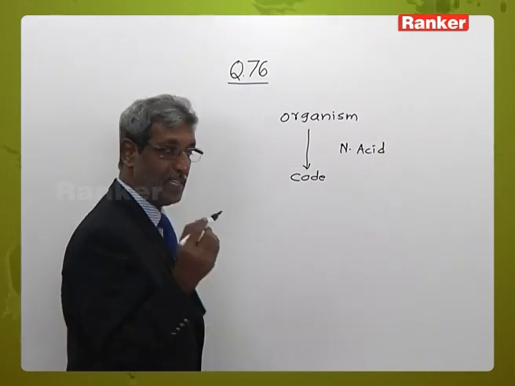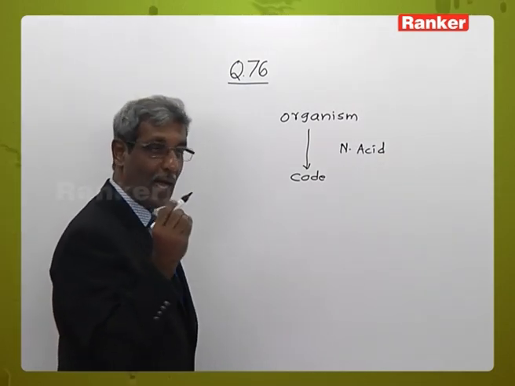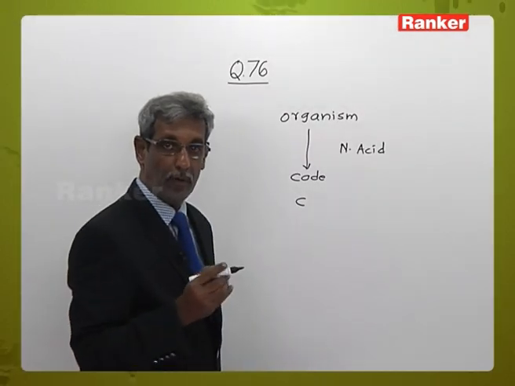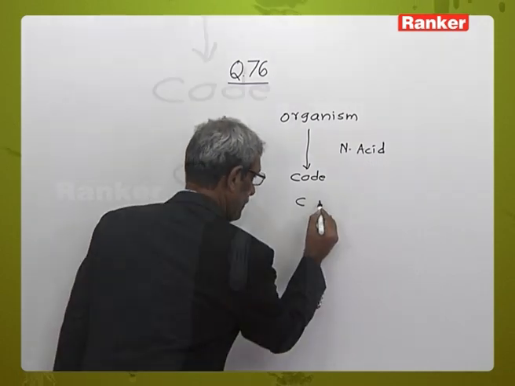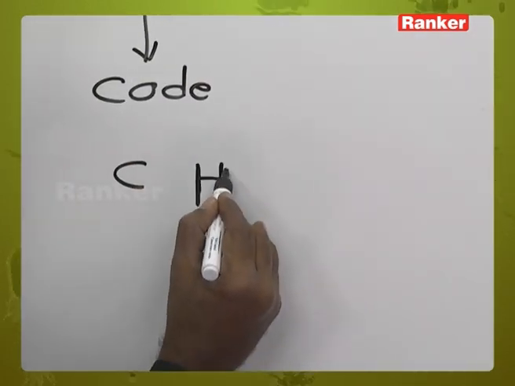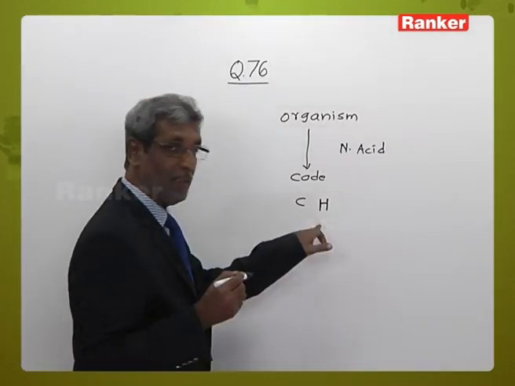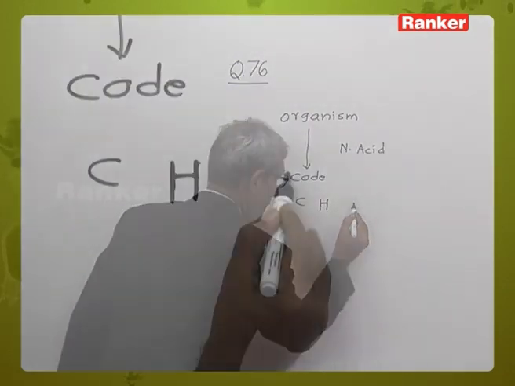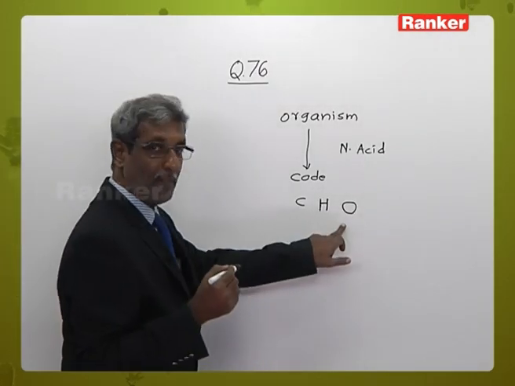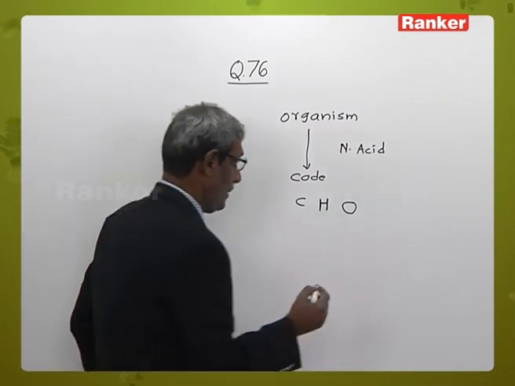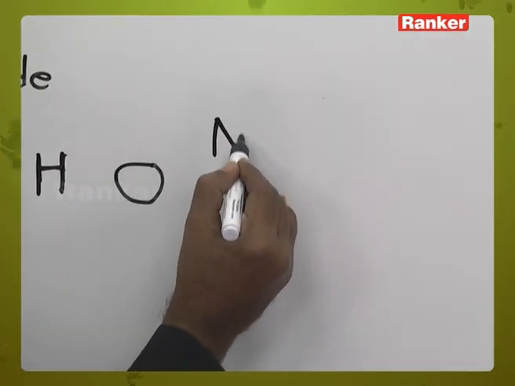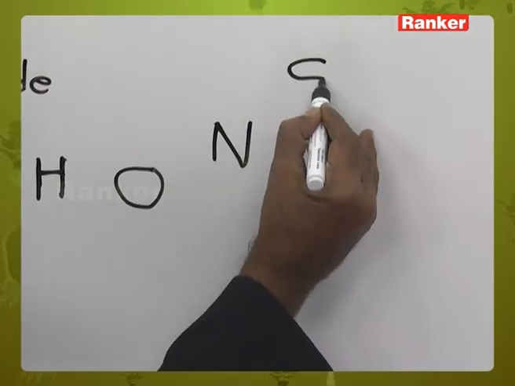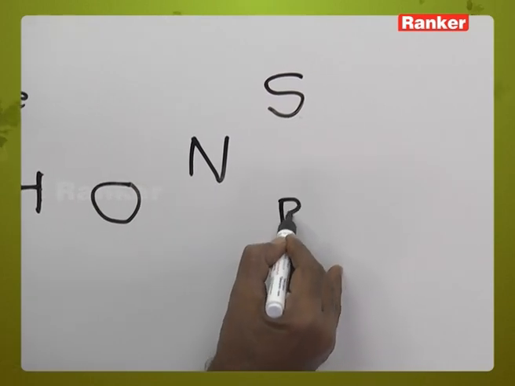And all nucleic acids are predominantly derived from the elements of carbon, which is a component of the sucrose or the glucose molecule. Then it has hydrogen. Hydrogen is a very important element because it forms hydrogen bonding. Oxygen is a basic requirement of all nucleic acids. Then nucleic acids by nature are made up of the element nitrogen too, and sometimes even sulfur as well as phosphorus.